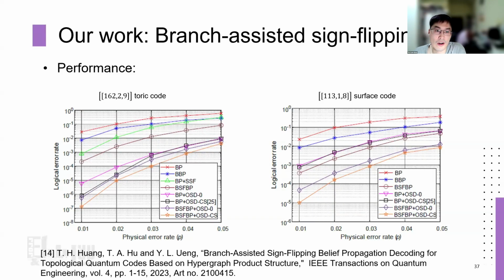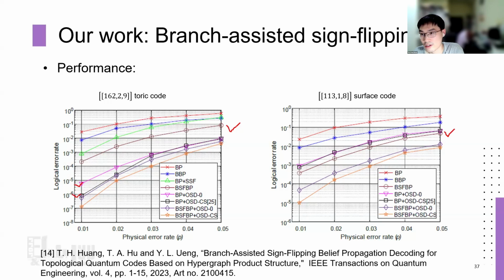So now I will show the performance. For the toric code and surface code, our BSF BP, this curve, can outperform BP by about 2 orders of magnitude. For the toric code, unfortunately, it cannot surpass the OSD method, this one and this one.